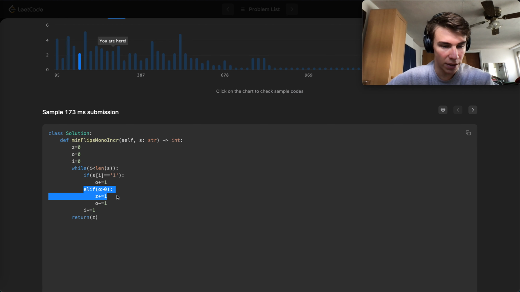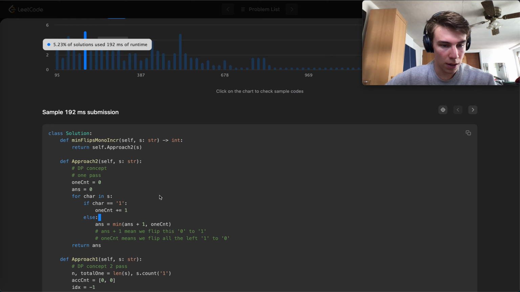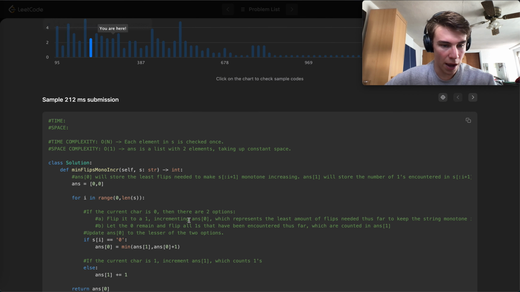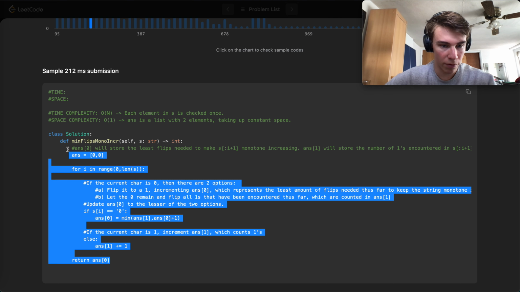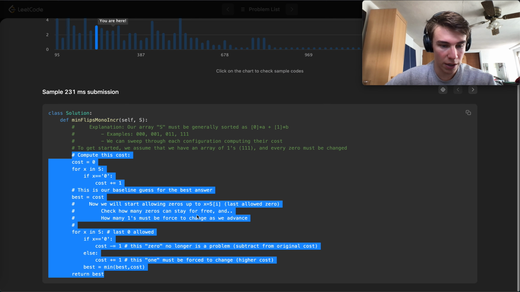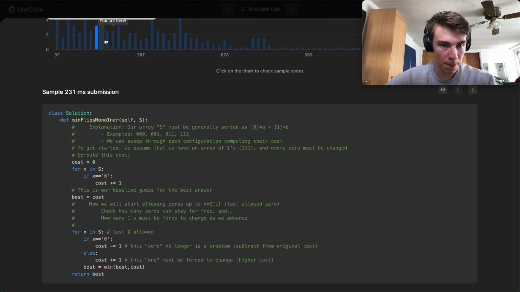If it's a 0, add to 0 and subtract 1. Yeah, I don't know how these answers are intuitive. Although they are faster, they're not easier to understand or read.